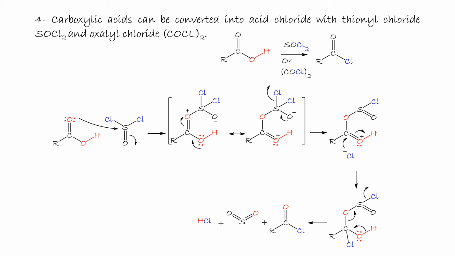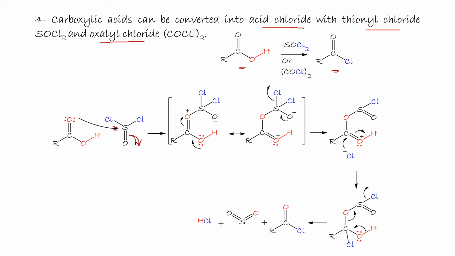Carboxylic acids can be converted into acid chlorides with thionyl chloride or oxalyl chloride. Well, reacting acid with thionyl chloride or oxalyl chloride provides acid chloride. First step, again, nucleophilic attack.